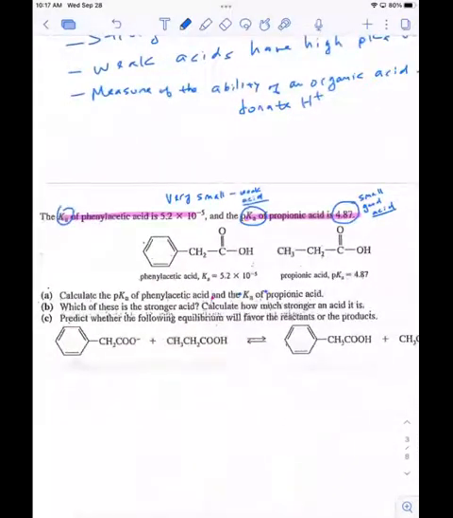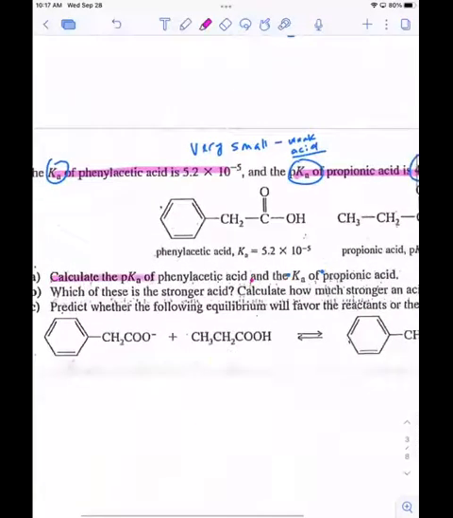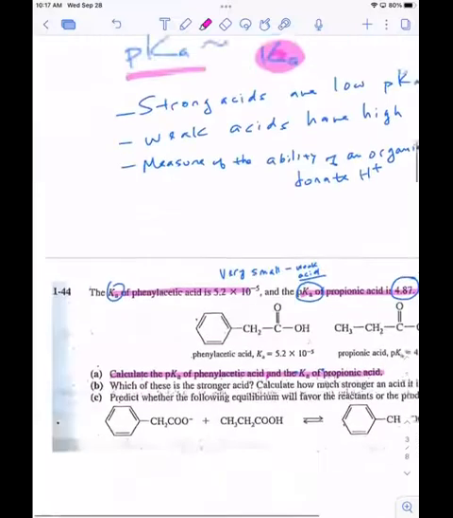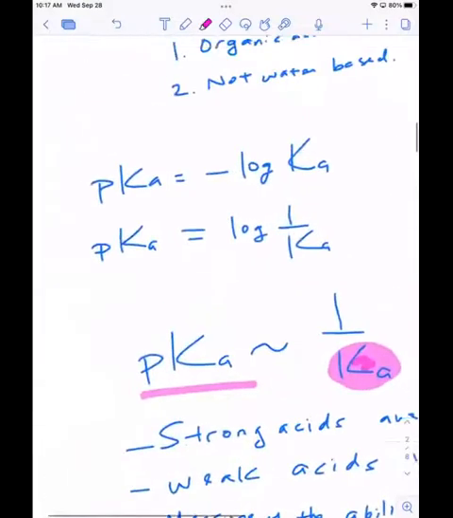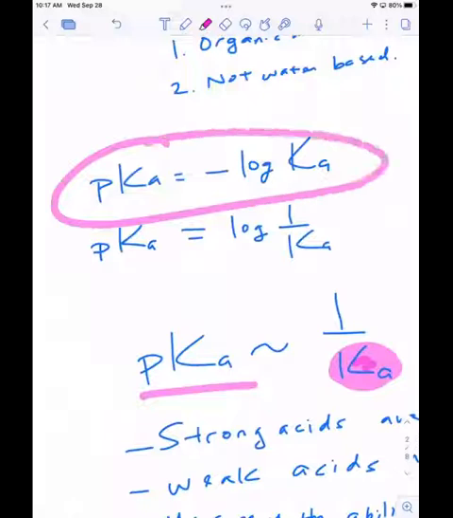Right? So the first thing it asks us to do in this example is to calculate the pKa of phenylacetic acid, which is, how do we do that? In order to calculate the pKa, it is what? Right, we'll use this relationship. pKa is the negative log of Ka, or log of 1 over Ka.